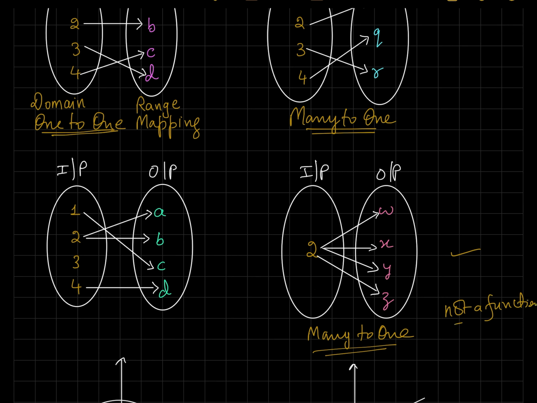In this case, 1 gives C, 2 gives A, and 2 gives B. So again, this is one to many, and this is not a function. Remember, only one to one and many to one mappings are functions.